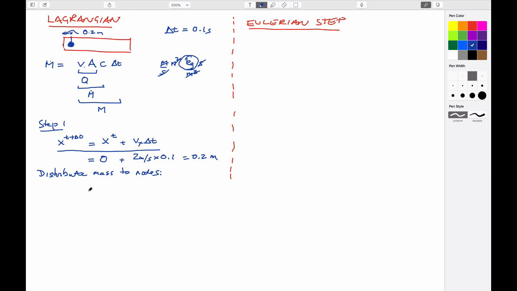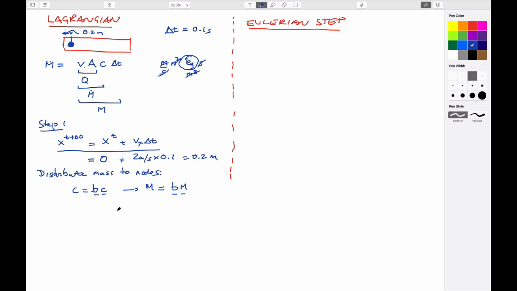So we do that merely by using what we defined before, that concentration is equal to shape functions times nodal concentrations. But here we're going to use mass is equal to shape functions times nodal masses.